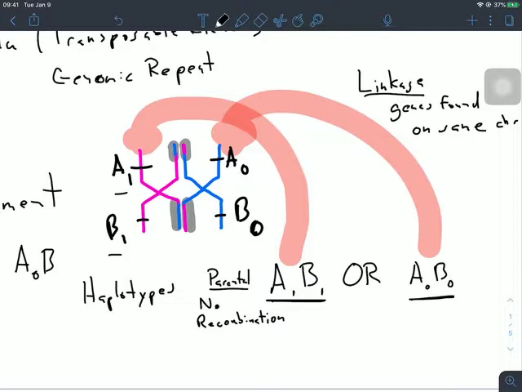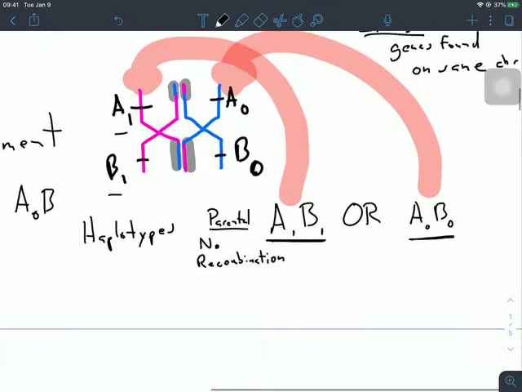They're linked together because they're more likely to occur in a haplotype together. They're more likely to occur in a gamete together. In order for us to break up A1 and B1, recombination has to occur. And therefore, these are our recombinant haplotypes.